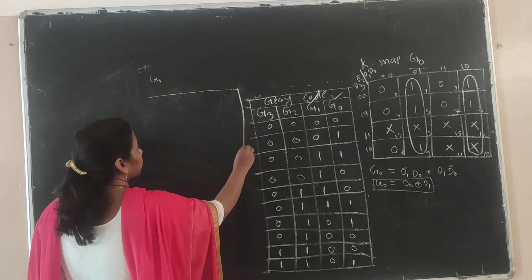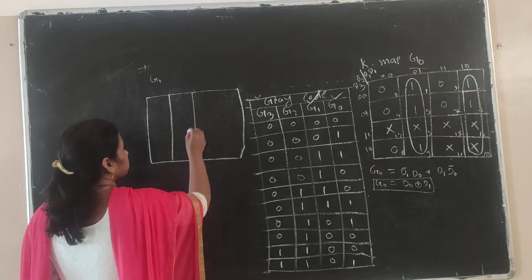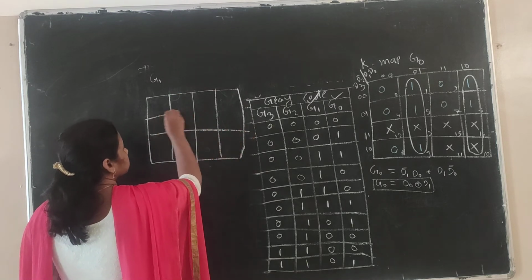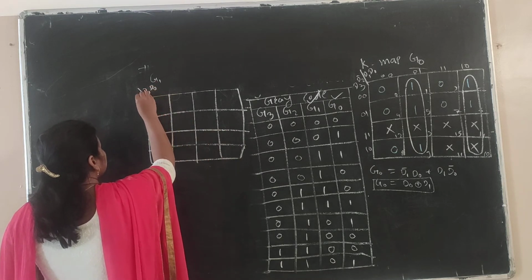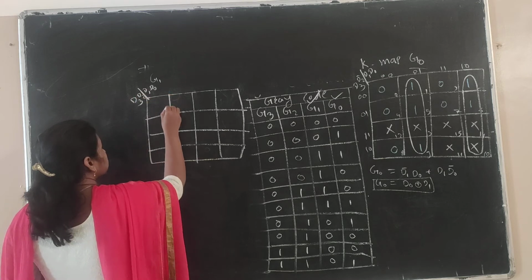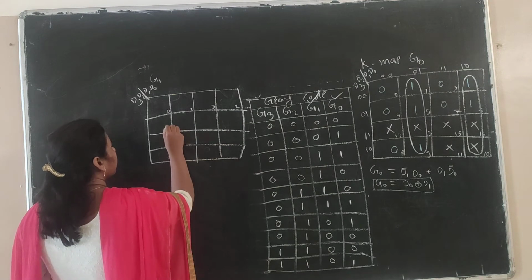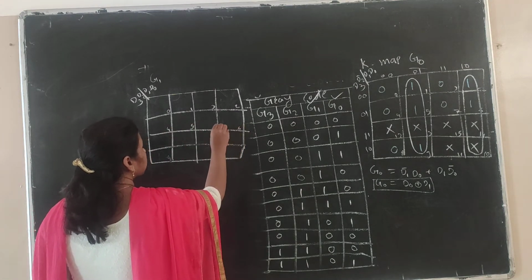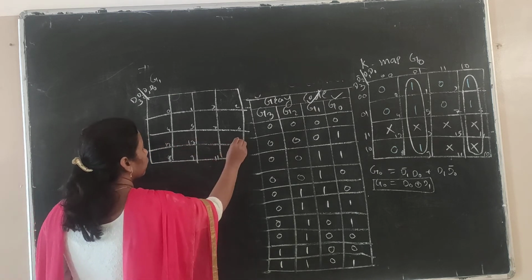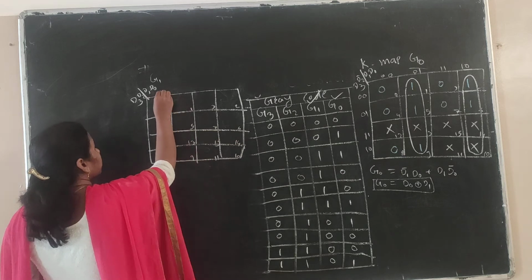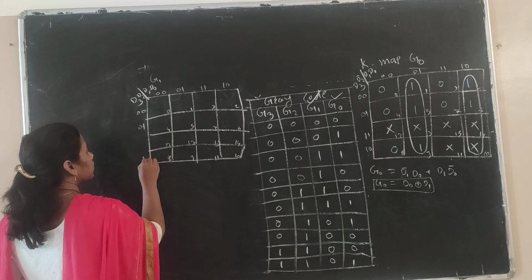The K-map is the same, we require 16 cells. D0, D1, D2, D3, cells number 0, 1, 2, 3, 4, 5, 6, 7, 8, 9, 10, 11, the numbering 00, 01, 11, 10.